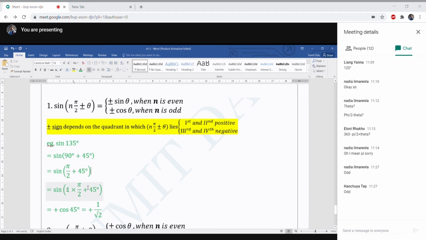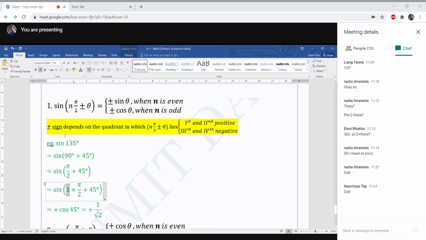Then we have to put the value of n. Here n value is 1. Then we decide: if n is odd, we write cos 45 degree, that is cos theta. If n is even, we write sine 45 degree, sine theta.